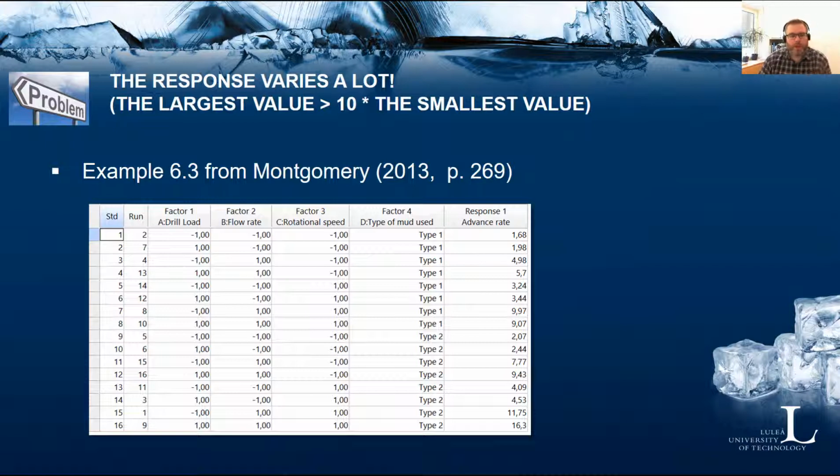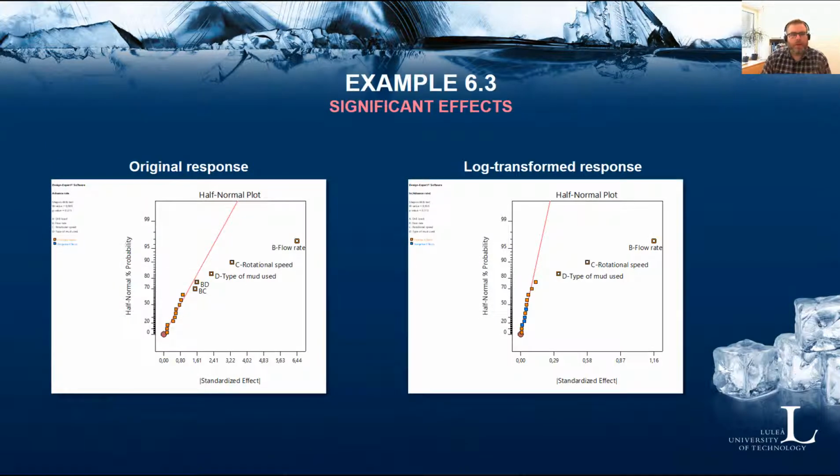Now, let's take a look at some plots from this example. Here you have the original response. We find 1, 2, 3, 4, 5 potentially active factors here in the half normal plot: flow rate, rotational speed, and type of mud. Now, if we follow and make some recommended transformations here, we can use the log transformation.